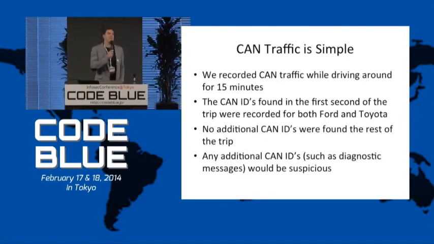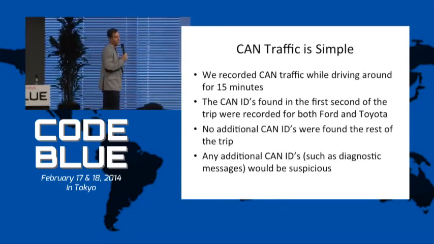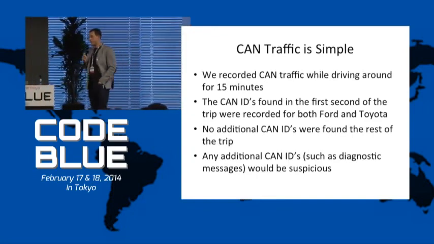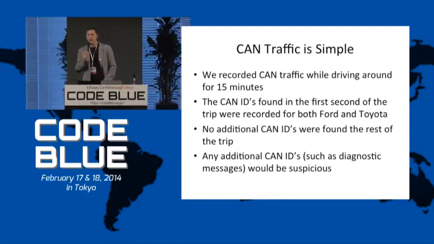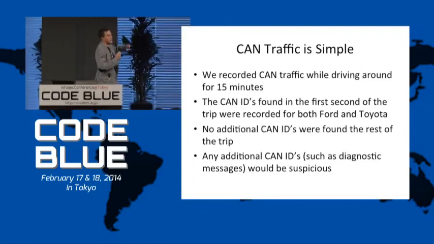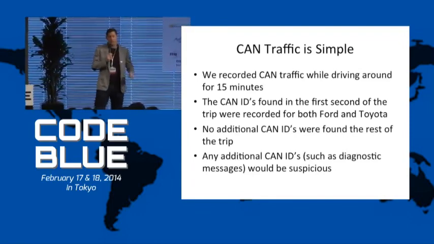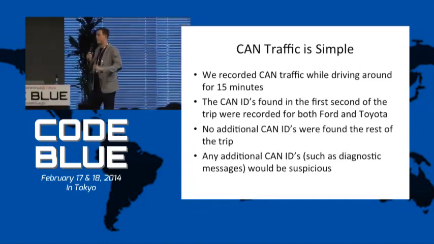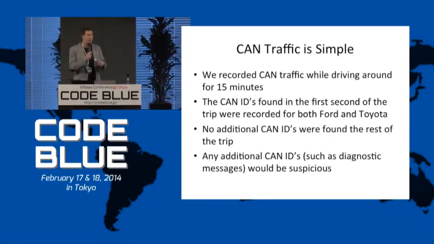So Charlie and I did a test. We each took our car and drove it around for 15 minutes. Then we took the first piece of the capture for 1 second and went through various places in the file, and found that frequencies were almost identical everywhere in the file, and also no new CAN IDs were seen in that driving.